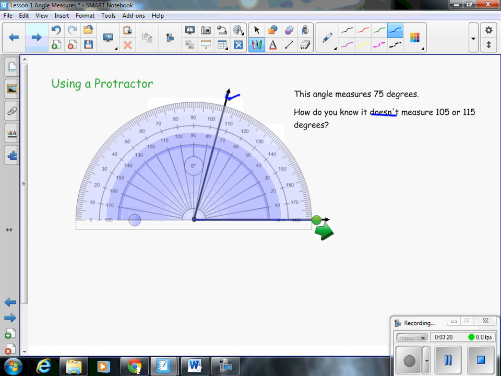And this tells me which set of numbers, the inside or the outside, I'm going to use on my protractor. So this angle I can tell is less than 90 degrees. So I'm not going to be using the outer numbers, I'm going to be using the inner numbers. So it's right in the middle between 70 and 80, so it's 75 degrees.